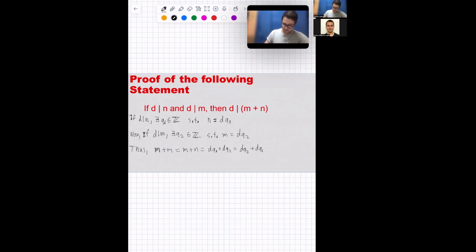And if you can see, we can factor out the d. So you can see how the proof goes. By no means is this the quickest way to do it, but it is the most comprehensive one, in case you want to understand it at a more granular level. That's what I'm seeking.